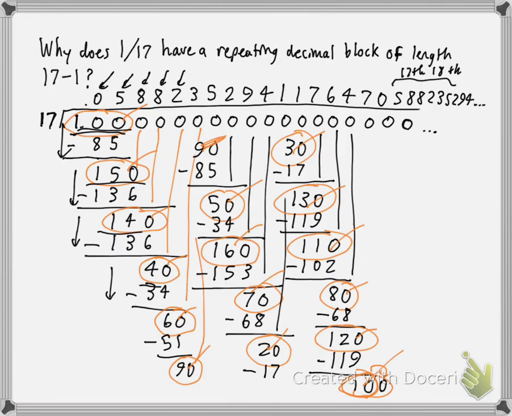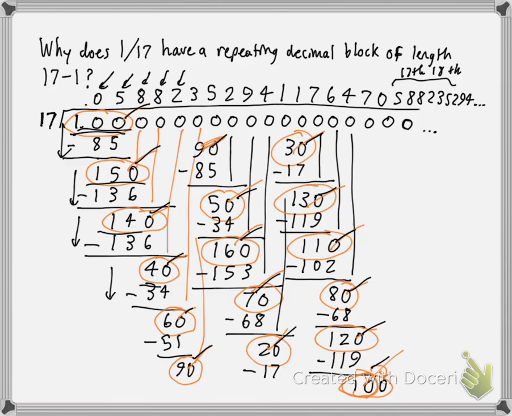And that's why we're able to, for some of these prime numbers, not all of them. Not all prime numbers will do this. But for some prime numbers, the reciprocal will have a repeating decimal block of exactly length prime minus 1, because you're going to hit every single one of these distinct multiples of 10, from 10 all the way up to 10 times the prime less 1.